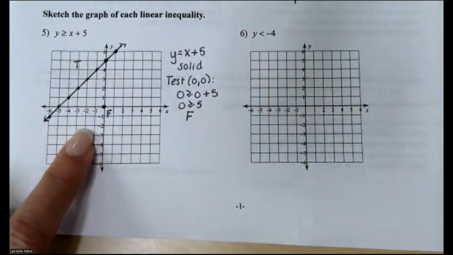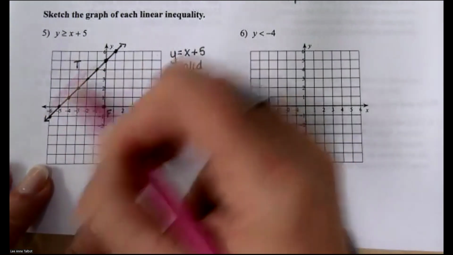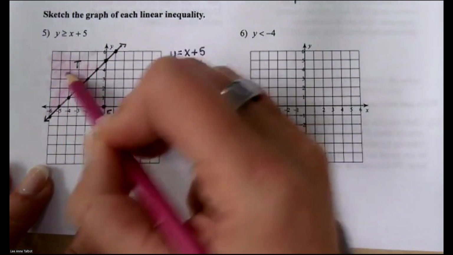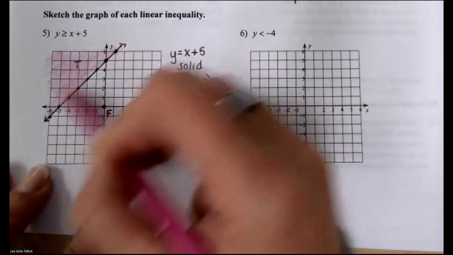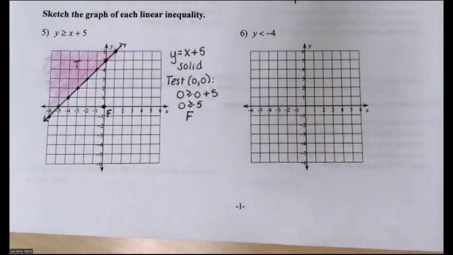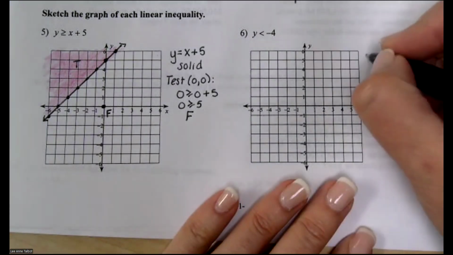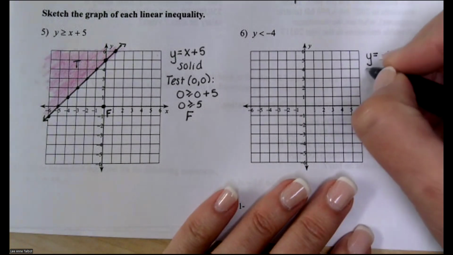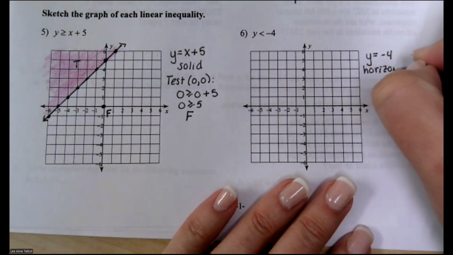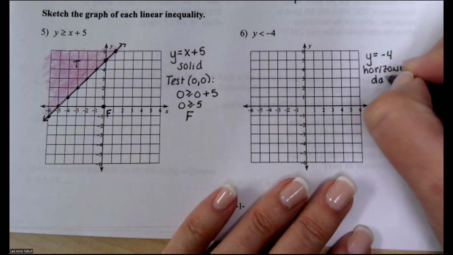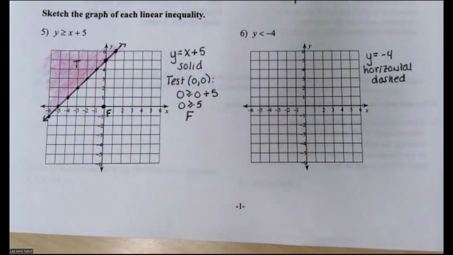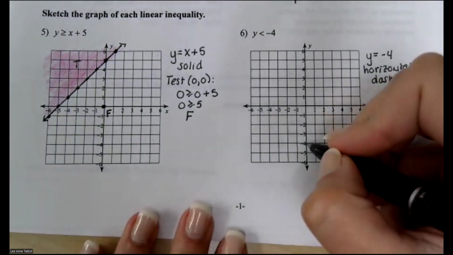So that means it's true up here. Horizontal dashed at -4.